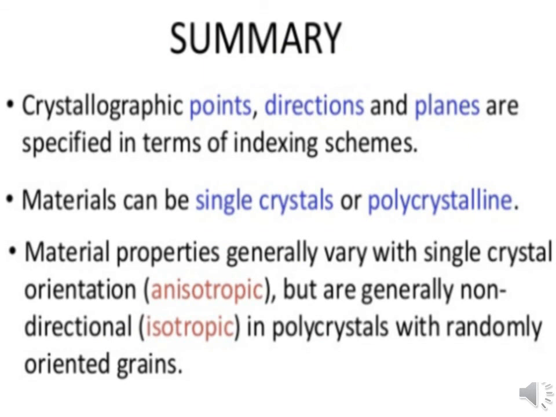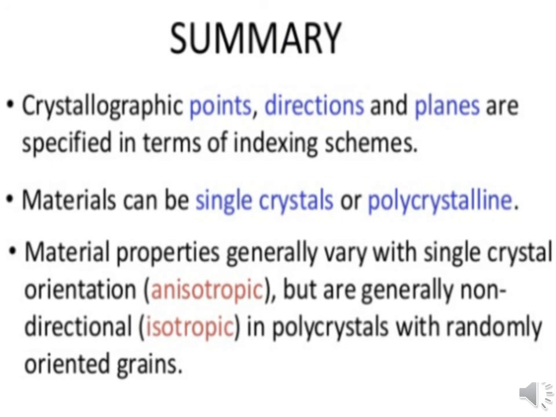Miller indices summary. To find the crystallographic points, directions and planes, they are specified in terms of indexing schemes. Some materials can be single crystals or polycrystalline.